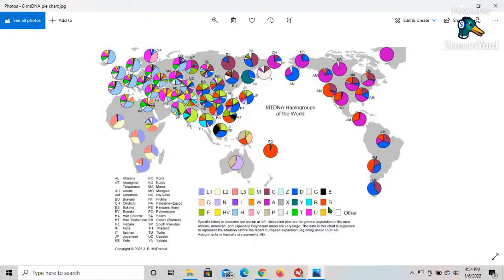Now, the B is also Semitic in America, but the B is another story. And that story is of how, in the book of Ezra somewhere, people are insisting that Israel went to the Philippines.